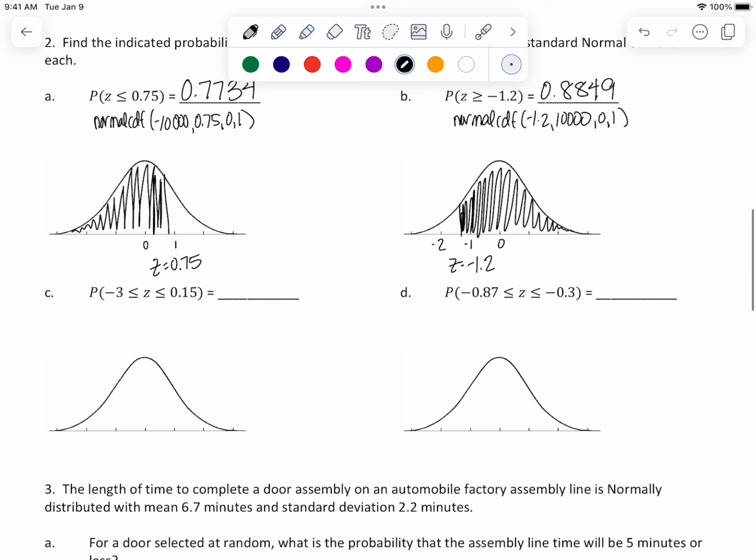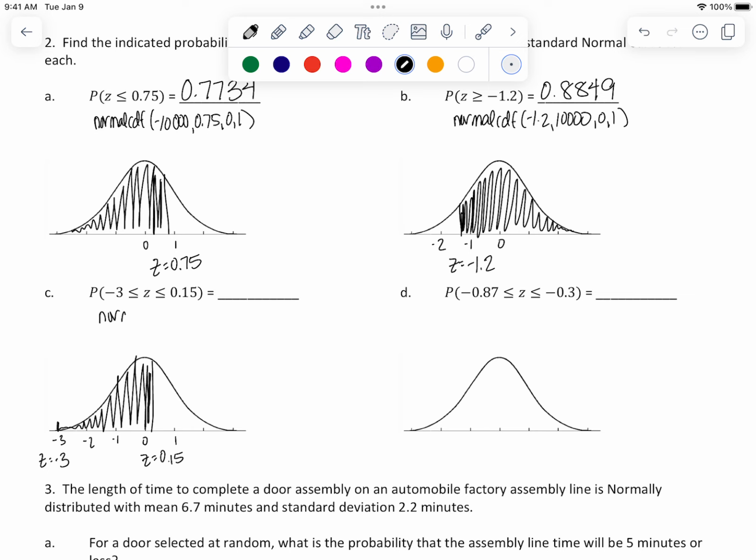For C, we want the probability z is between negative 3 and 0.15. So here's 0, negative 1, negative 2, negative 3. And then we have 1 is here. So negative 3 is right here. 0.15 is going to be here. So z equals negative 3, z equals 0.15, and we're shading between these values.